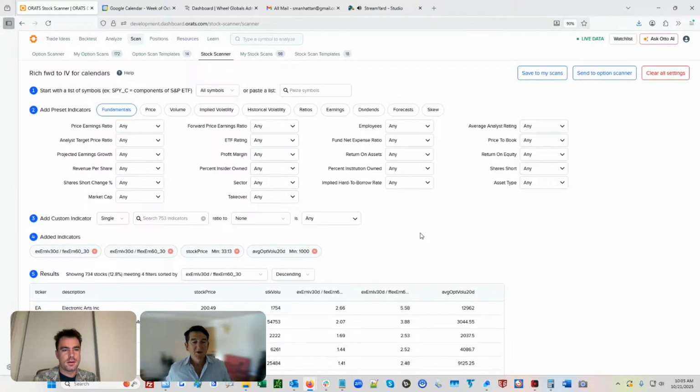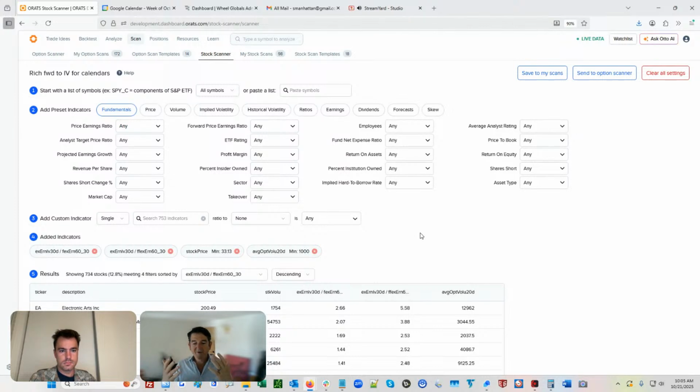Got it. So when you're doing a calendar, you want to find out where that forward volatility is cheap, because you're actually buying that. You're buying a very long-term option and selling a shorter-term option, so you're owning the volatility between those two dates.